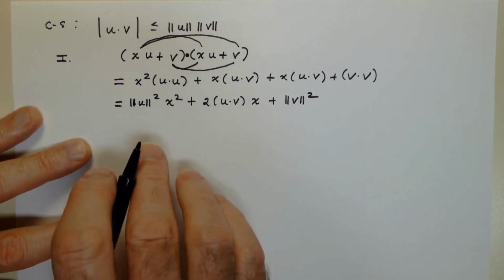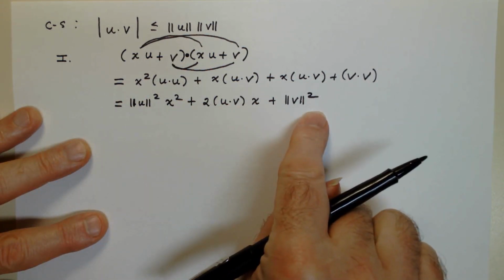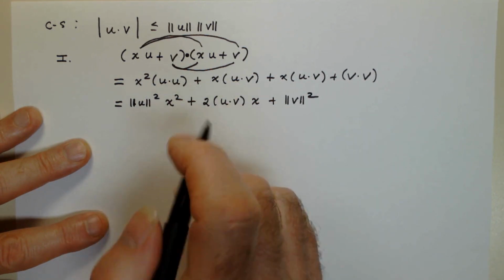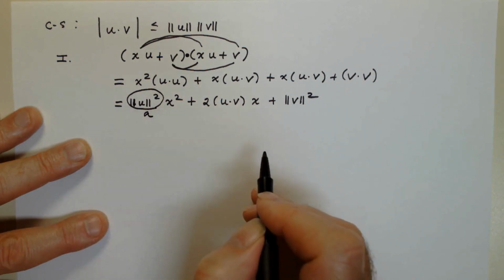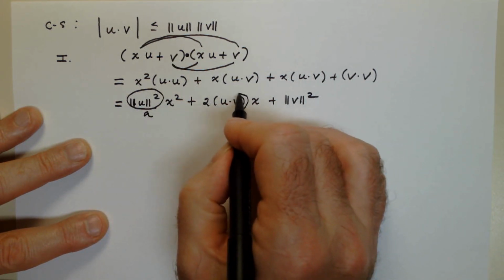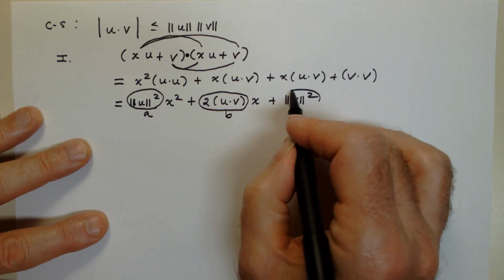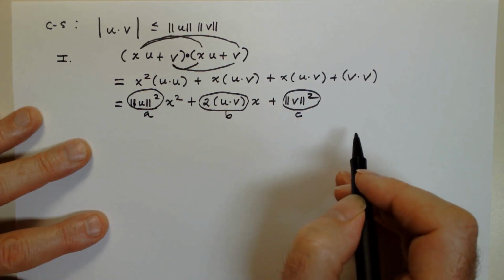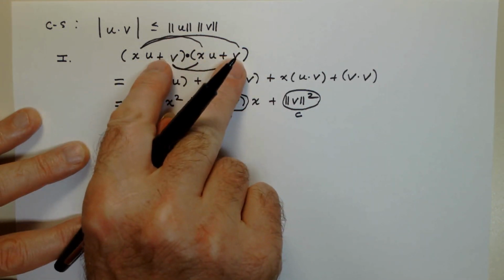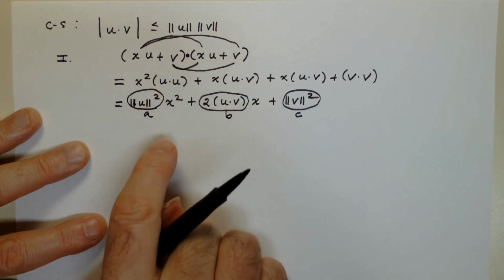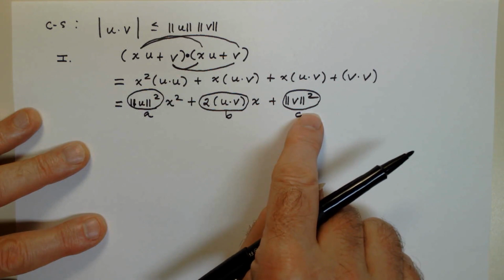All right. Now I'm temporarily going to change up my notation here just to make this look a little more tractable. I'm going to call this number A, this number B, and this number C. And what we're seeing is that when I take these linear combinations and take their dot products, they give us something of the form ax squared plus bx plus c.